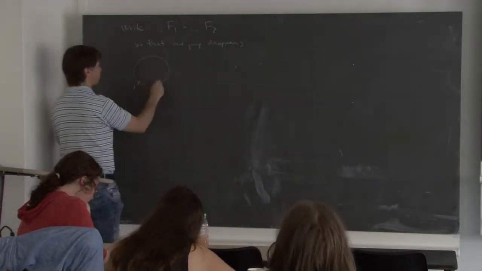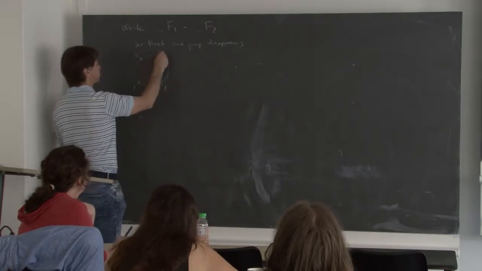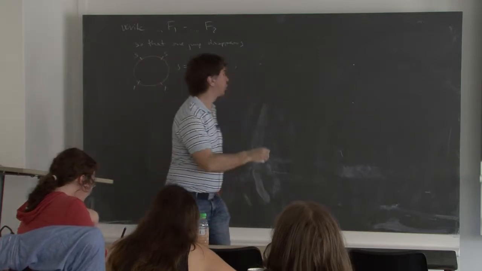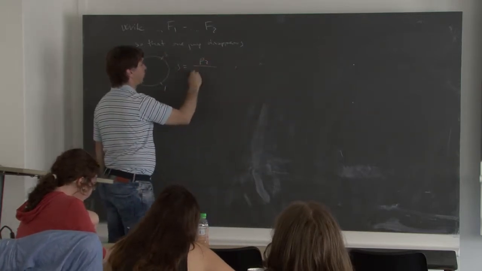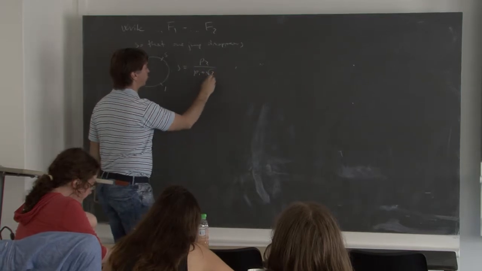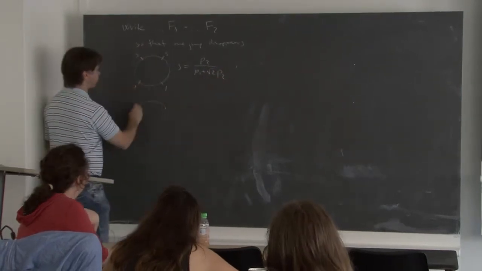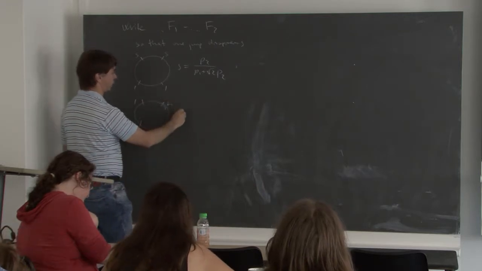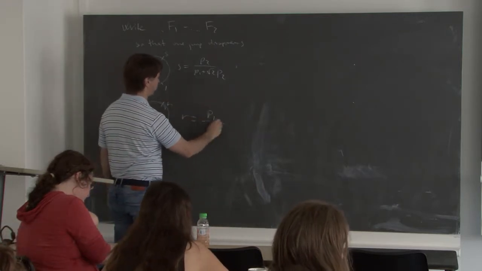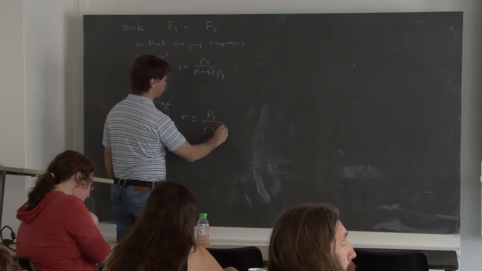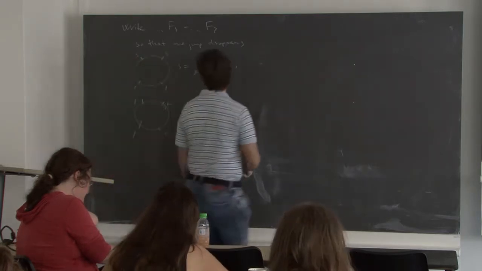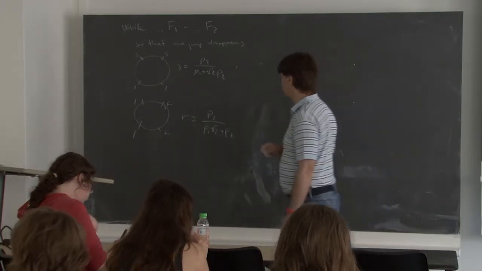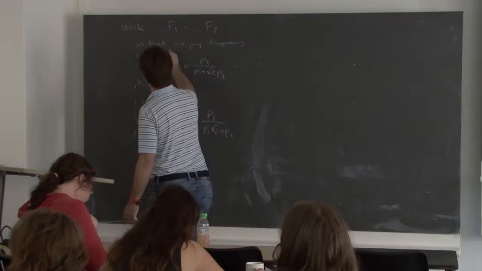So one function had jumps 1, 1, S, S, as being P2 over P1 plus square root of 2, P2. And the other function had jumps 1, 1, R, R, and R being P1 over P1 square root of 2 plus P2. So suppose we want to kill this jump.